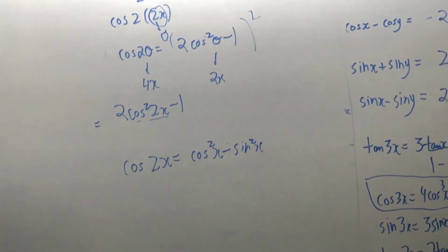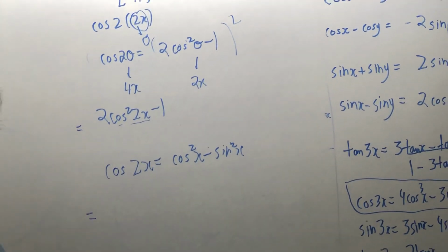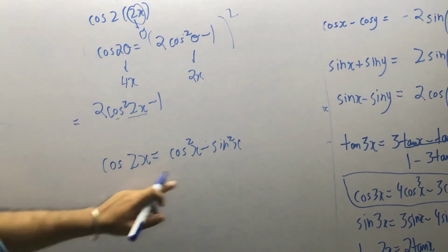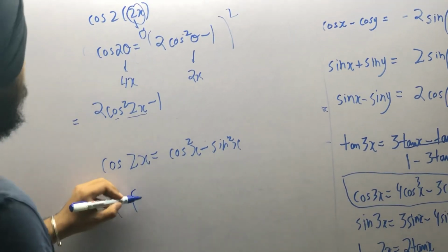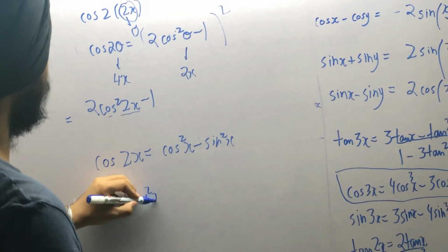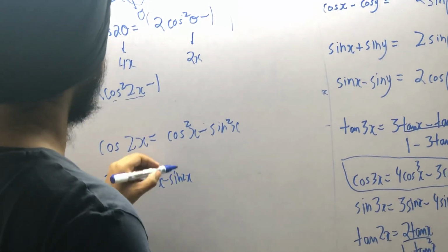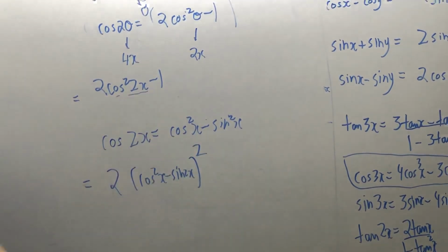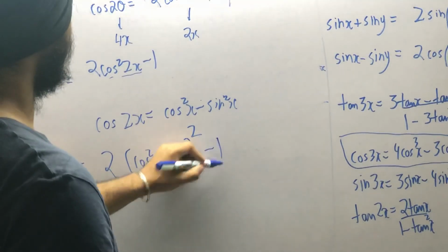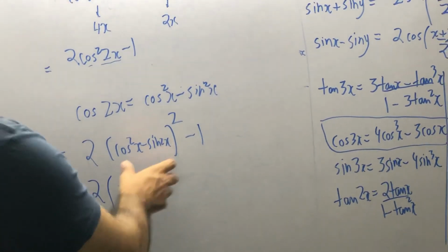You all know this property. So what I can do is just put this here: 2 into cos square x minus sine square x, whole square, because cos square 2x, minus 1. Now just open the whole square.